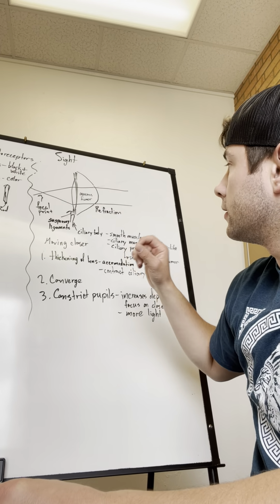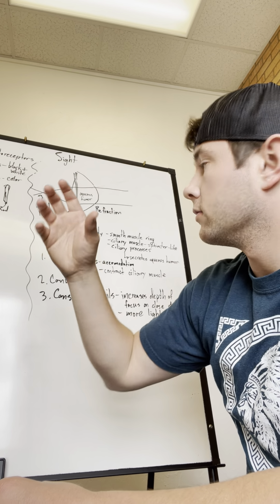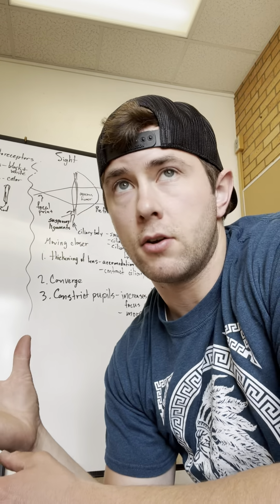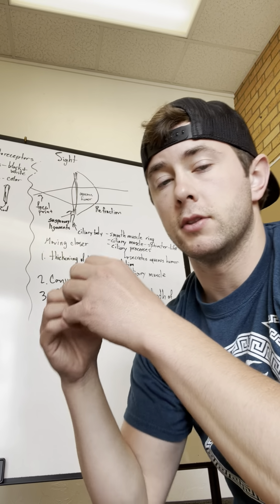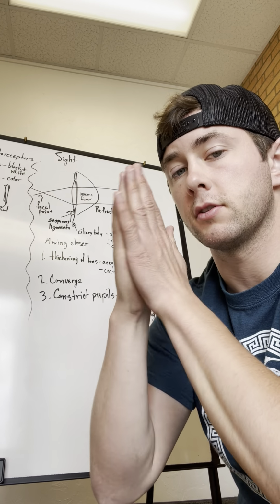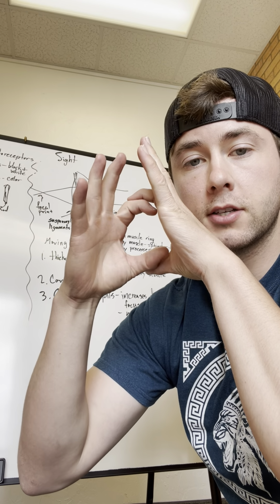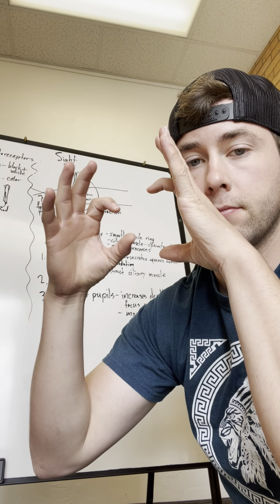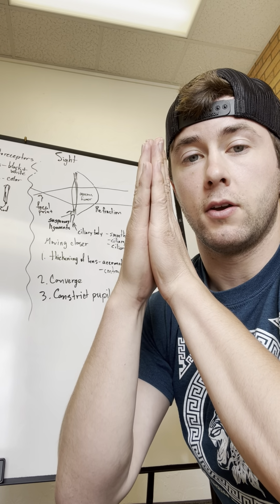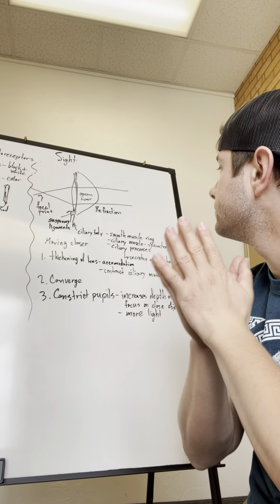Let's go over what the ciliary muscle does. When the ciliary muscle, which surrounds the lens, is relaxed, it's pulled taut, so your lens is going to be flat. But when the ciliary muscle constricts, it pulls closer, which relaxes those suspensory ligaments, and then your lens goes convex, right?